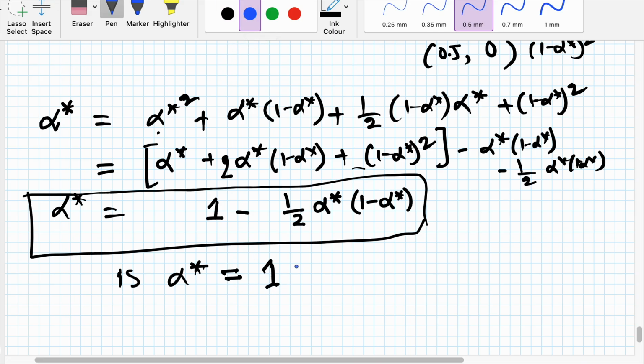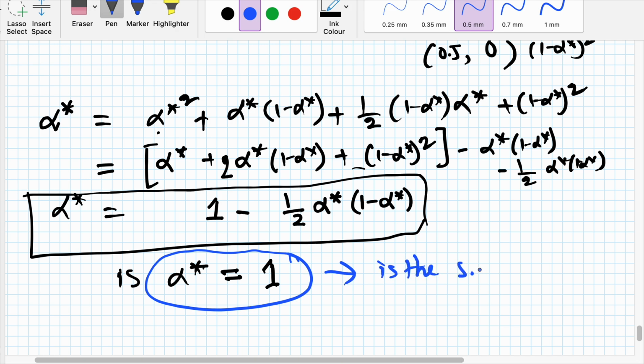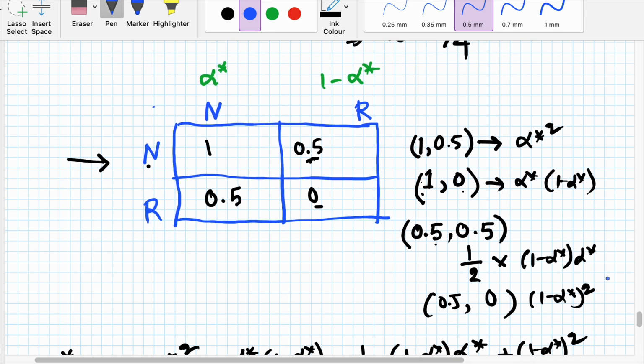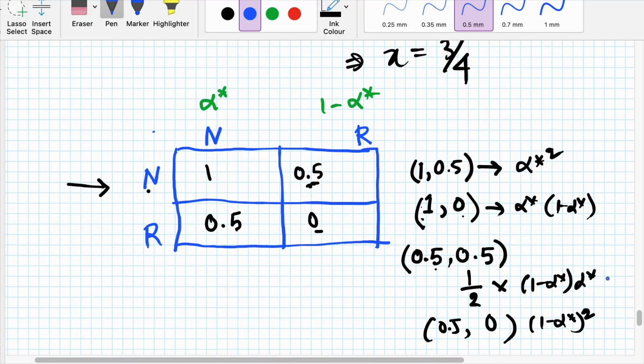So that means alpha star equal to 1 is the sampling equilibrium, and the sampling equilibrium corresponds to a pure equilibrium, that is corresponding to the action n.